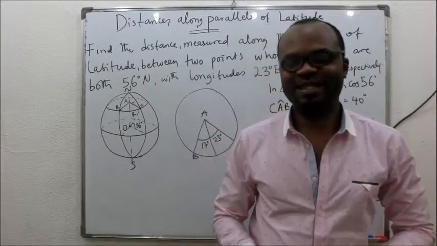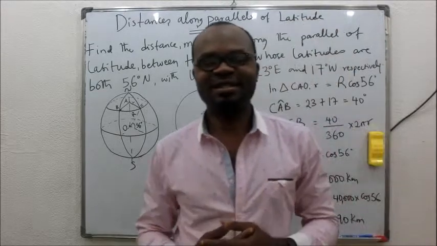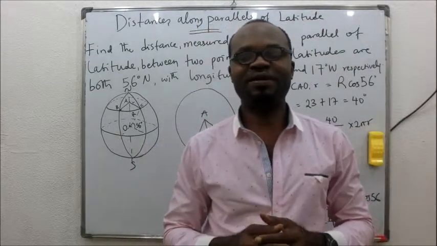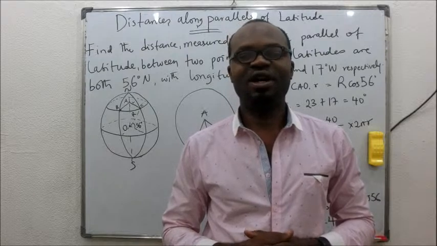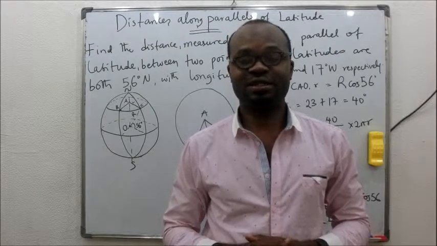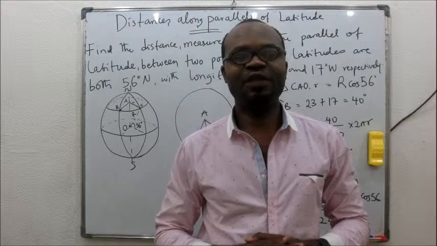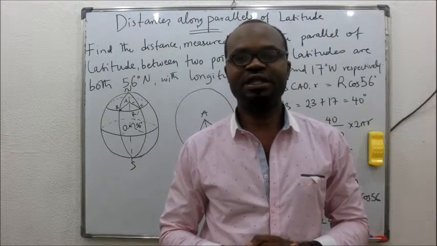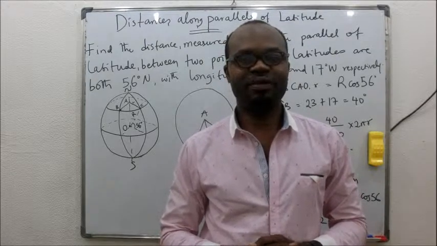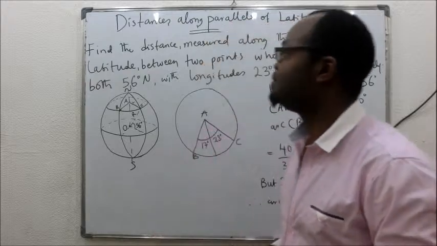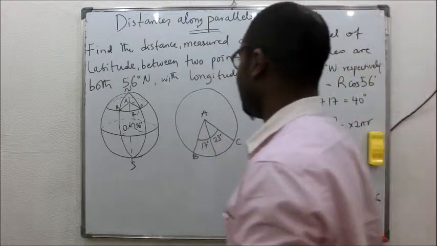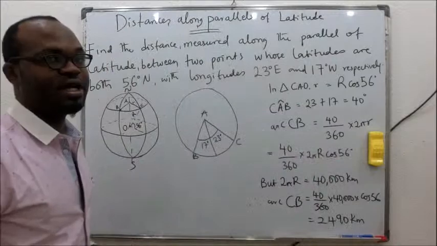Hello, welcome. Today we're going to be looking at distances along the parallels of latitude under longitudes and latitude. Now, how do we solve problems relating to distances along the parallels of latitude? Let's take an example so that we can study this.